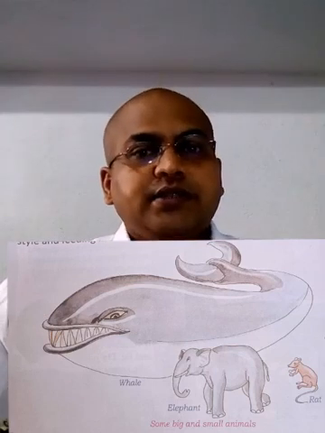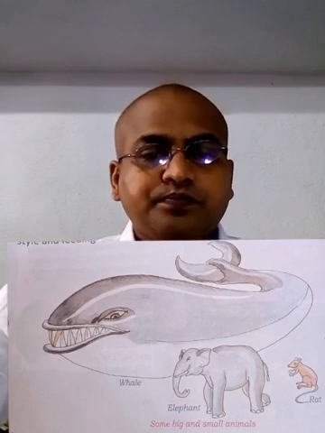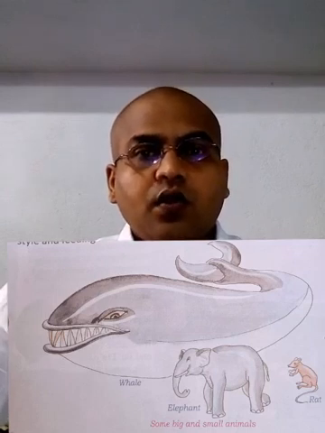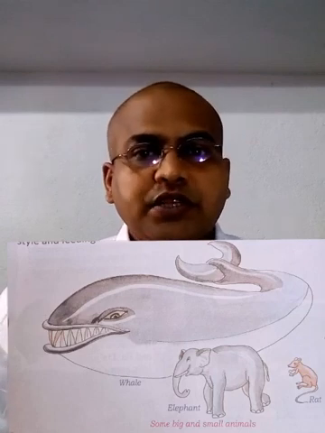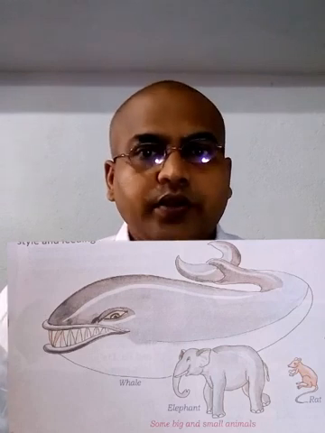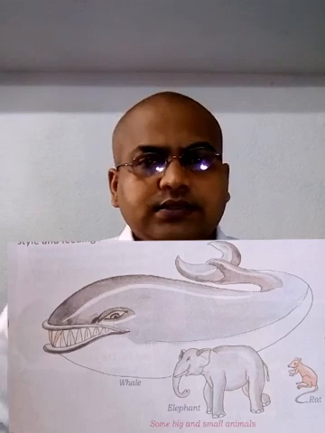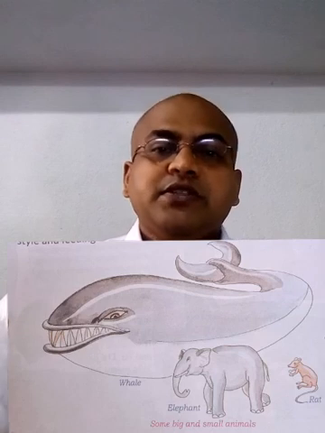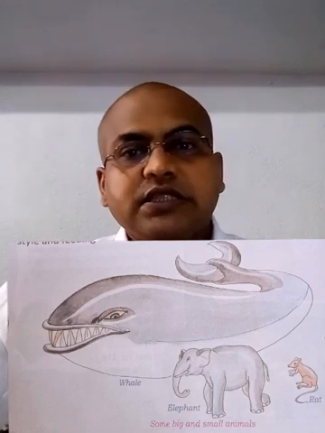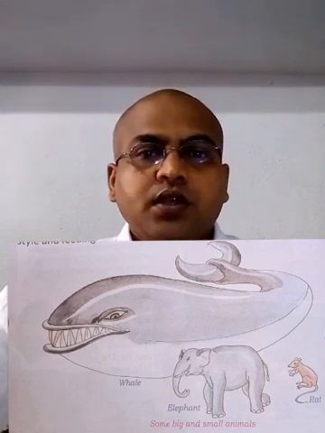In this chapter, that is Animals World, chapter 4, we had discussed that there are several types of animals present in our surroundings: big animals, small animals, some animals living on the land, some animals living in the water.